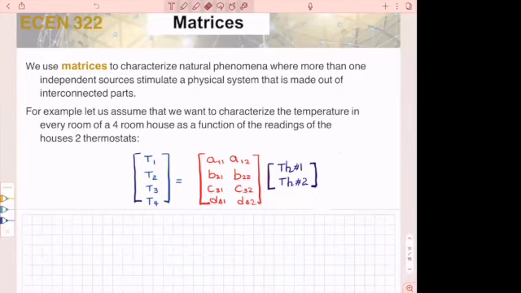So in this case, I need a matrix to be able to characterize this problem, all right? When, however, instead of scalar functions, as temperature is, you have vectors in their place, but with the same kind of thinking, all right?